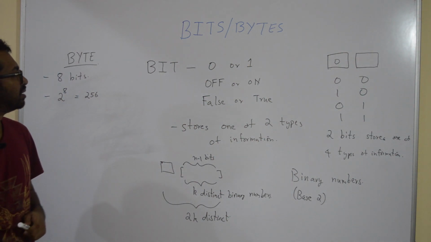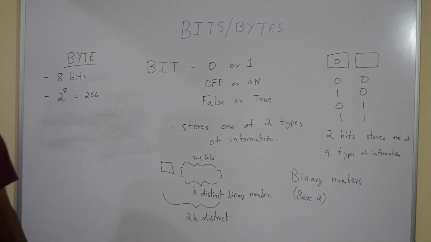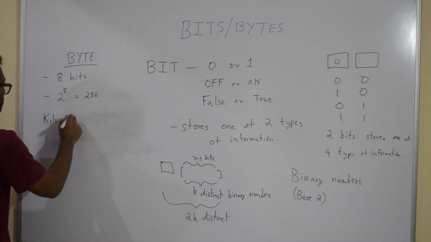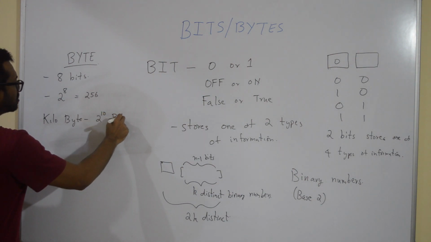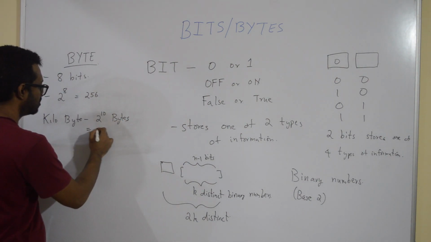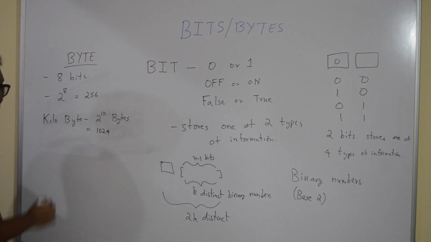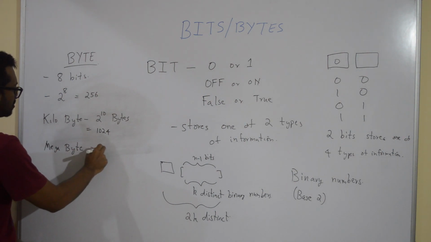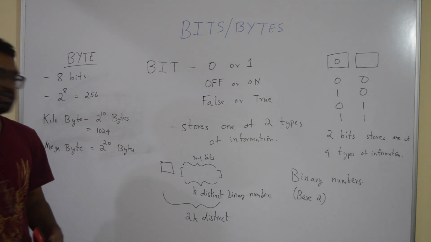Now you might have seen megabyte, gigabyte, terabyte, etc. So what is a kilobyte? A kilobyte is 2 raised to 10 bytes. That is 1024 bytes. What is a megabyte? 2 raised to 20 bytes.